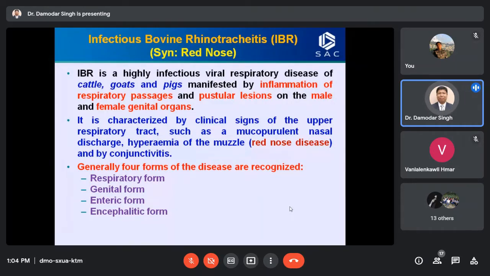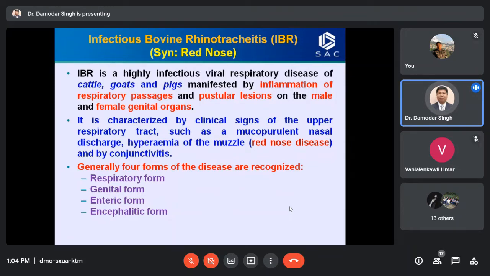That's why we call it red nose disease. There is also infection of the conjunctiva leading to conjunctivitis. Clinically, there are four forms of IBR: respiratory form, genital form, enteric form, and encephalitic form.